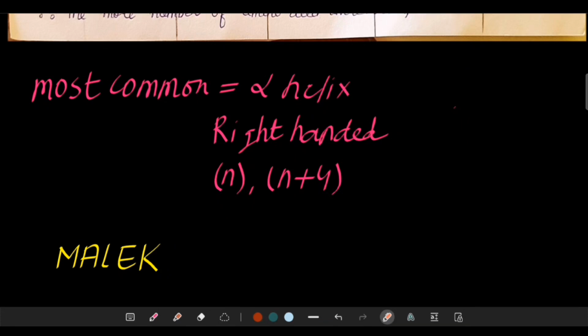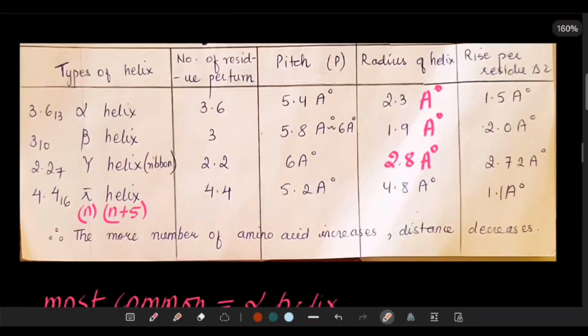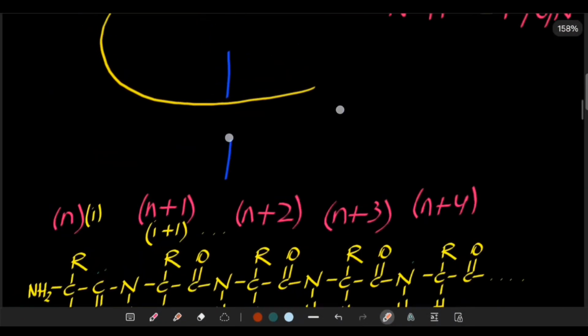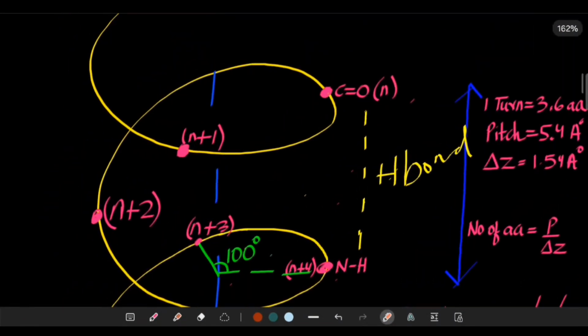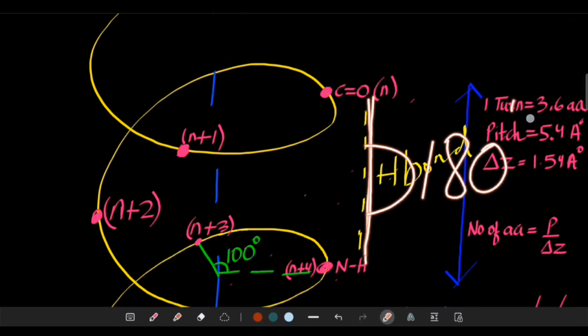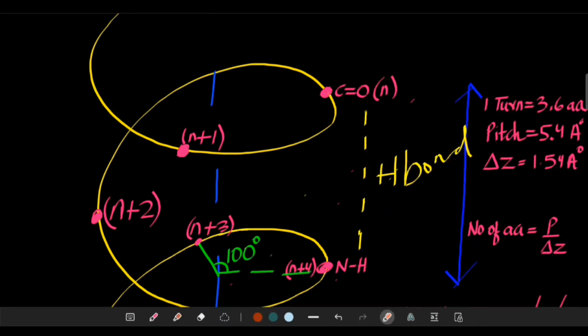So as you can see over here, it forms a 180 degree hydrogen bond, and 180 degree hydrogen bond is the strongest form of hydrogen bond. Therefore, alpha helix is the most commonly found in nature.